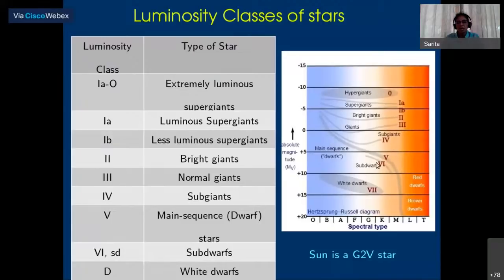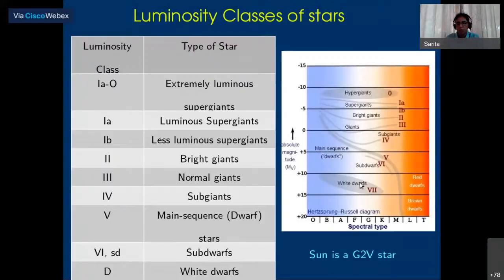The main sequence star is 5, also represented as V. So now you understand that in the Stellarium, we looked at the star that was B9V. The moment you see V, you should understand it's a main sequence star. It is also known as dwarf, because compared to these other giants, its radius is relatively smaller. That's why main sequence stars are also known as dwarf stars.